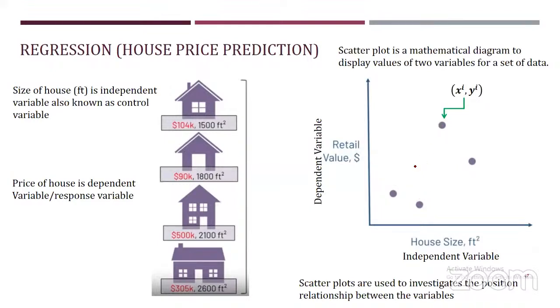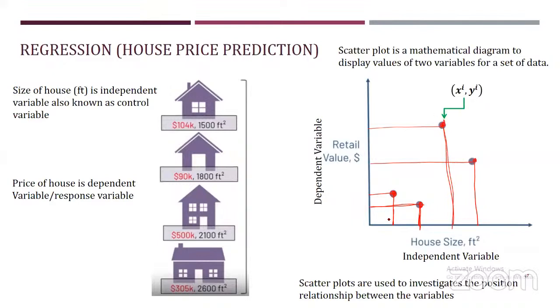These dots represent that if the size of your house is this, then the price of the house is this. All these dots are placed based upon these two pieces of information: if the size is this, then the price is this, and so on for each dot.